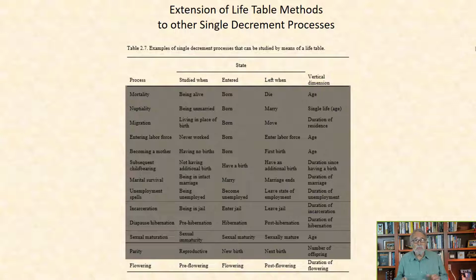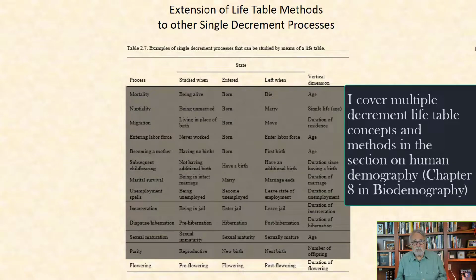In short, virtually all processes involving the transition into or out of different states of existence can be analyzed using life table methods. This not only includes processes involving single decrement transitions as outlined here, but also those involving multiple decrement processes that I cover later, where there are multiple ways to exit a state. For example, exiting the live state through different causes of death.